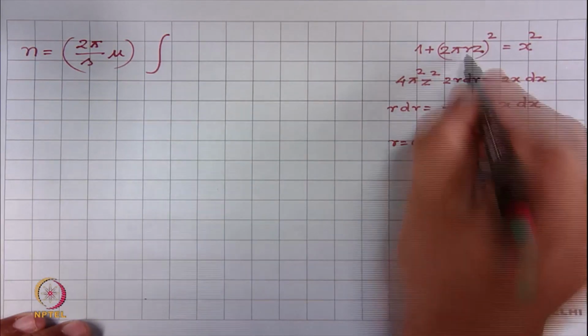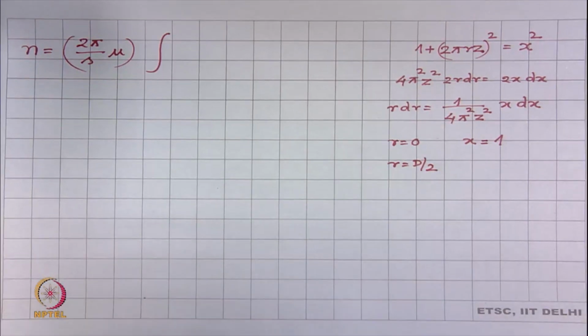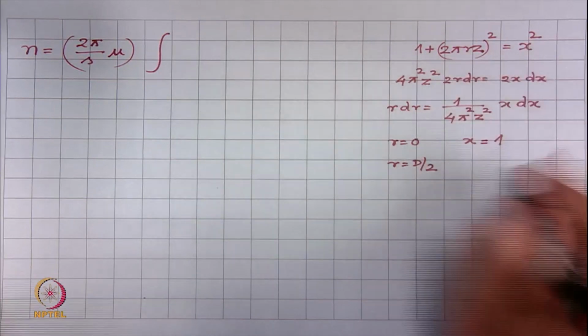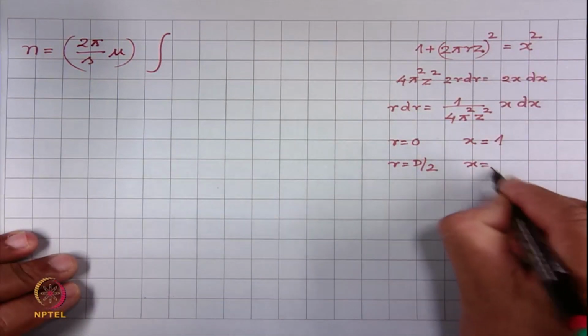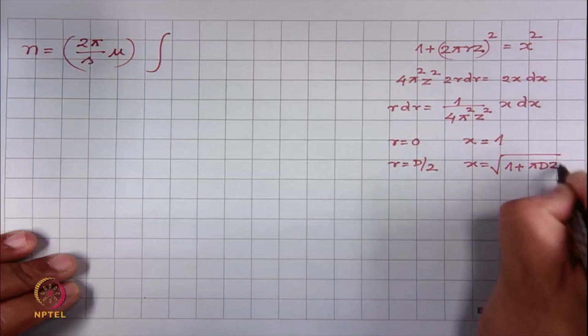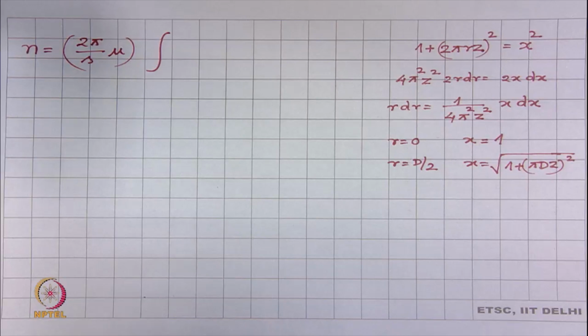When r is equal to d by 2, this 2 will cancel, and x will be root over 1 plus pi dz square. Clear about these limits?